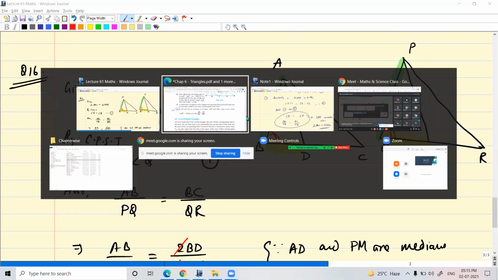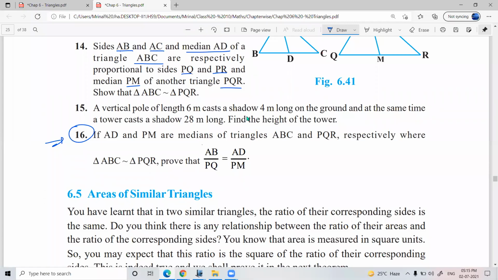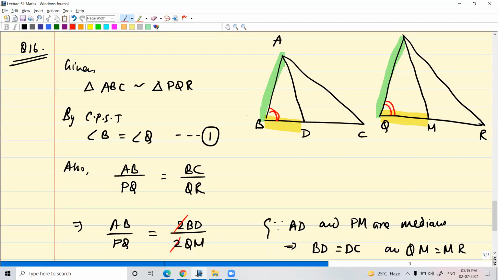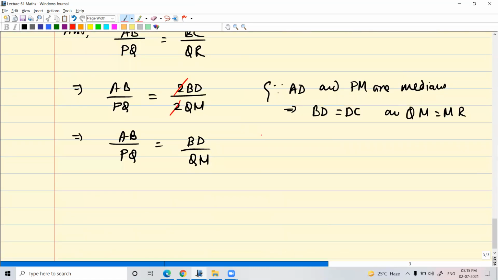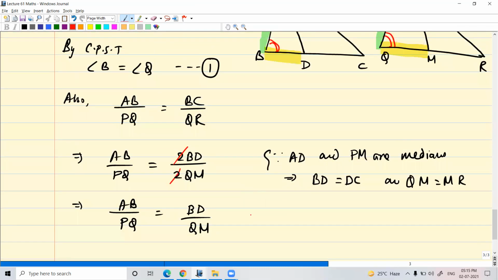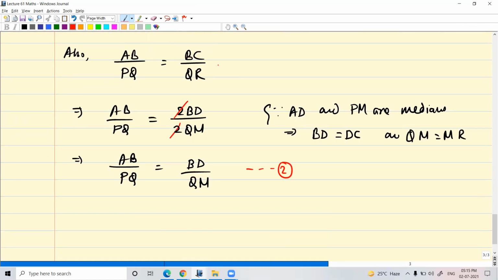What did we have to prove? AB by PQ is equal to AD by PM. Yes, so we will be able to do that. Let's call this the second equation. Let this be the first one. So from 1 and 2, what we can get?